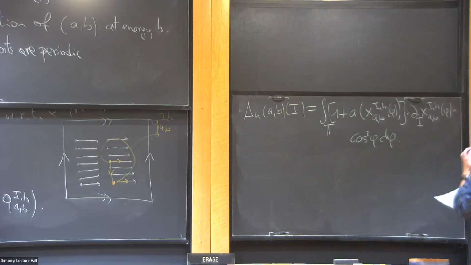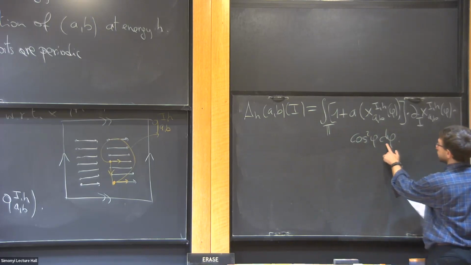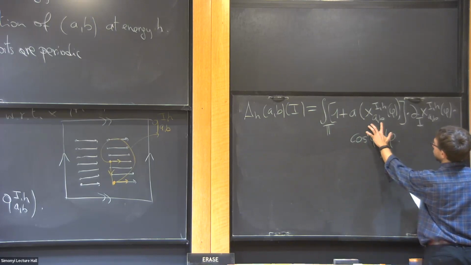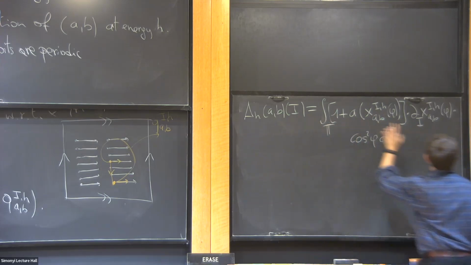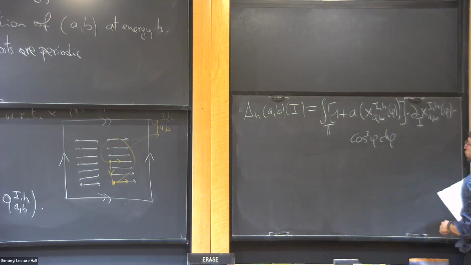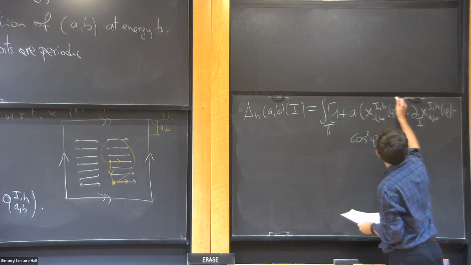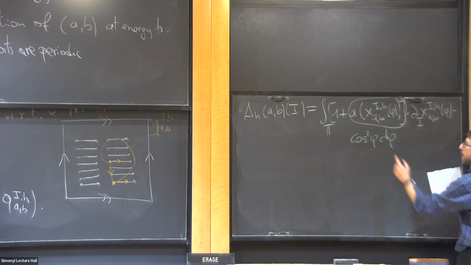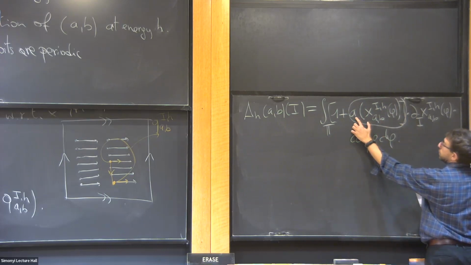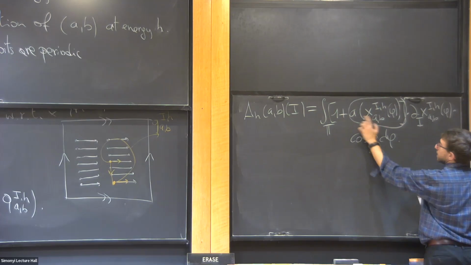It's kind of an integral formula where you integrate over this angle phi, and this x is just the x coordinate of your trajectory, which depends on a, b, I, and h. This a is the a appearing here. The important thing in this formula, which causes a lot of trouble, is that you have terms where a is both outside and inside the composition.